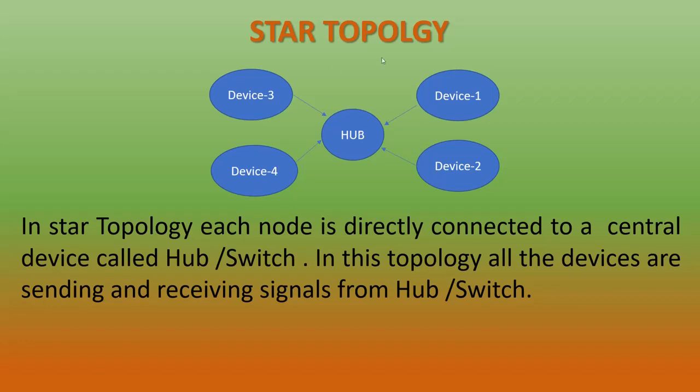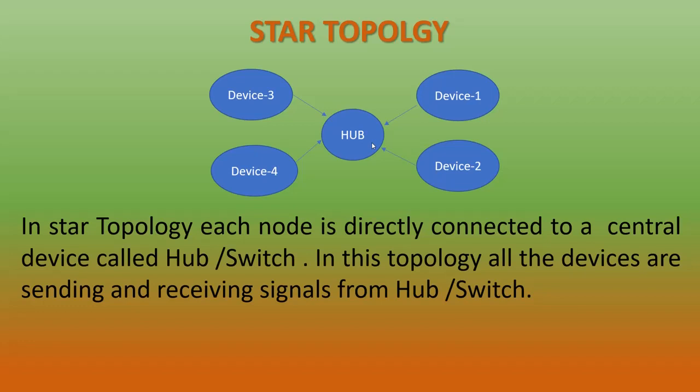And if device 1 fails, will it affect the entire network? No, it will not affect the entire network. If device 1 is not working, you can remove that device and the remaining network will work properly. So, if any one of the nodes fails, that will not affect the other network devices or the entire network.